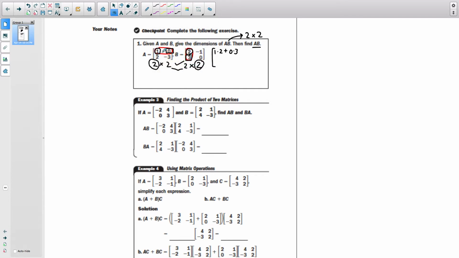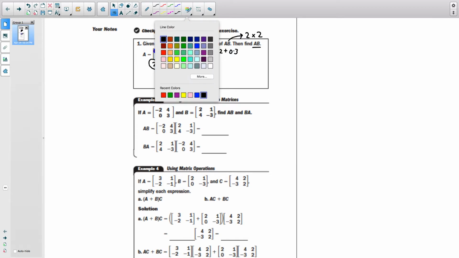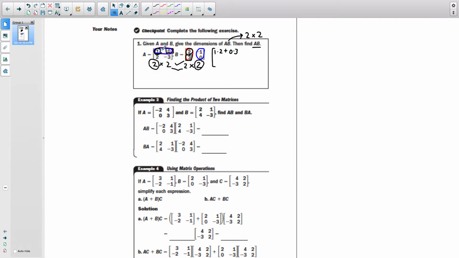So now I'm going to do first row by the second column. So first entry again by the first entry here. So there's going to be 1 times -1 plus, right?